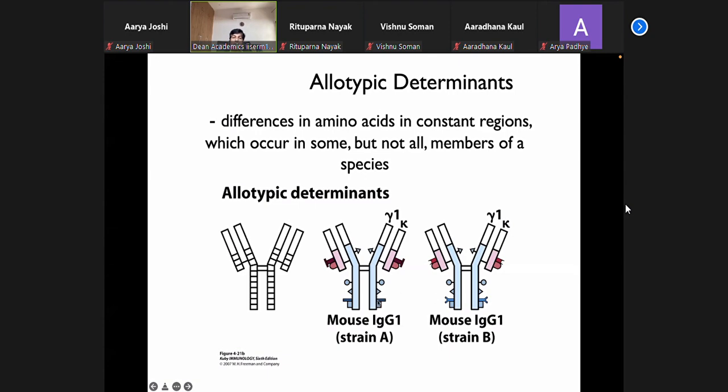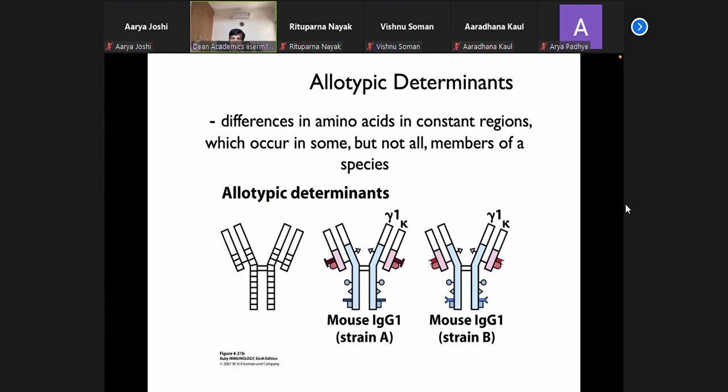But depending on what strain of animal you are using, some of these epitopes are different. So this has a unique epitope, and this has a different epitope. Against this you will form an antibody, and against that you will form another antibody. An antibody formed against this will only react to this particular IgG and not to that. If you categorize based on cross reactions, isotypic determinants are more immunoreactive than allotypic.